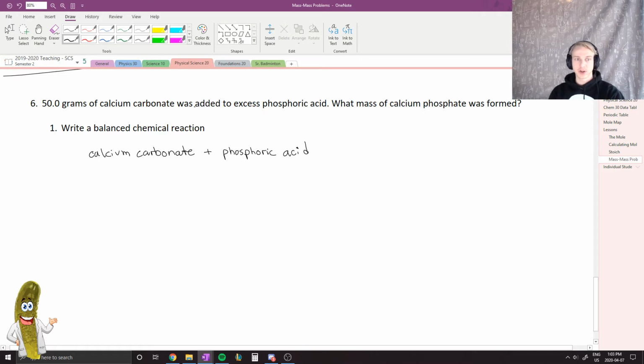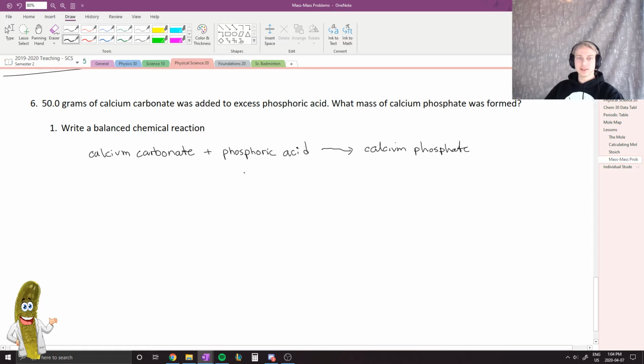Okay, so this is what I think the reactants are, based on calcium carbonate being added to an excess of phosphoric acid. And then the next sentence says, what mass of calcium phosphate was formed? That sucked. Let's try that again. So what mass of calcium phosphate was formed?